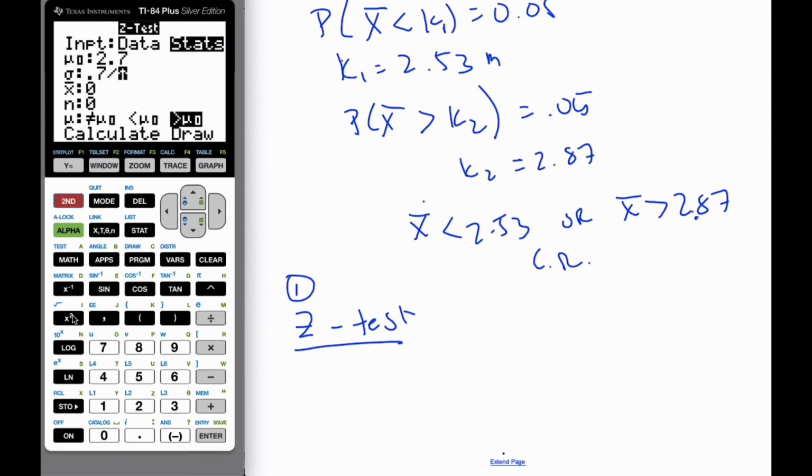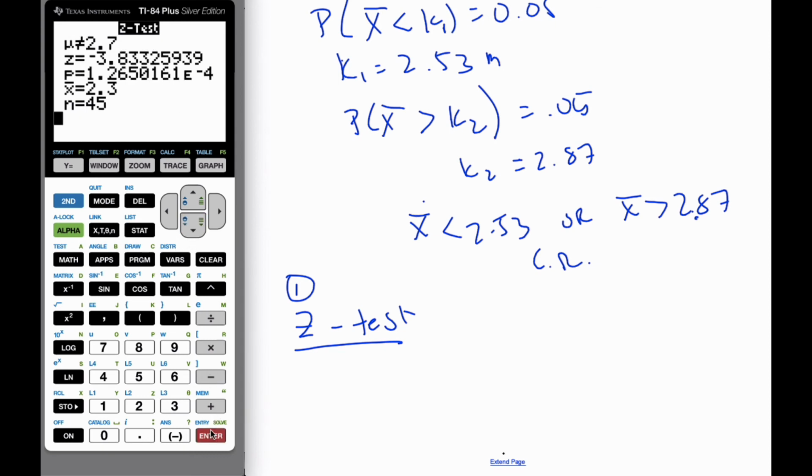X bar in this case was 2.3, and n is 45. Here, this is the standard deviation of the population. In my test, I don't divide by the root of 45 because I put n in, it knows to do that already. And then I'm going to choose not equal to, and I'm going to calculate it.